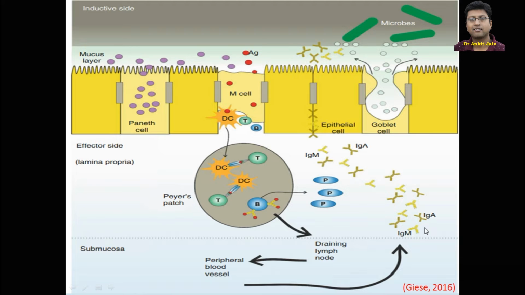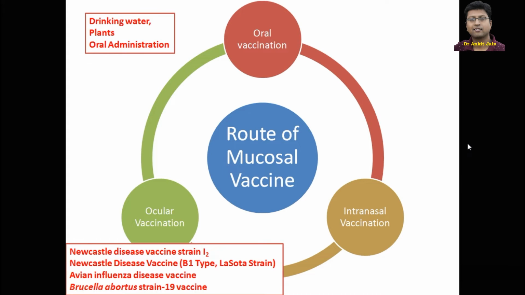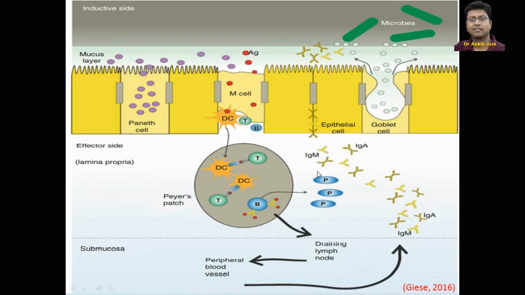Now what is the use of that particular mucosal vaccine is that we have to generate not only IgA antibodies, but also IgG antibody. Otherwise the IgA antibody will only produce the innate immune response, and this is not our goal to achieve.